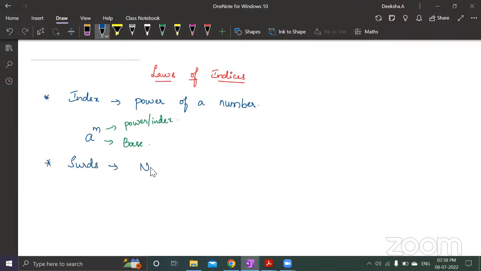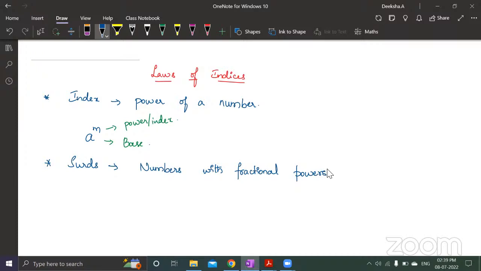Surds means numbers with fractional powers, square root, cube root. Whatever laws of indices we are learning here are applicable for surds also. You don't have to learn it as a separate chapter.